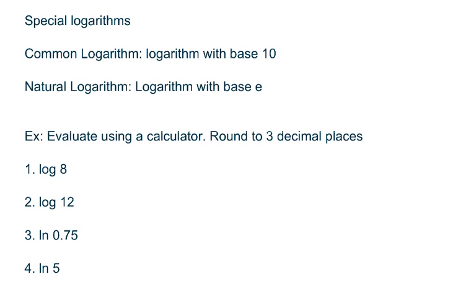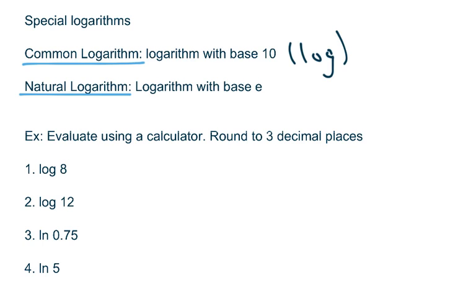Let's keep moving. Special logarithms. These are the logarithms that your calculators can do. We'll underline those in blue. Sure, why not? Two vocabulary terms: common logarithm and natural logarithm. A common logarithm is a logarithm with base 10. In your calculator, you're looking for the button that says LOG.